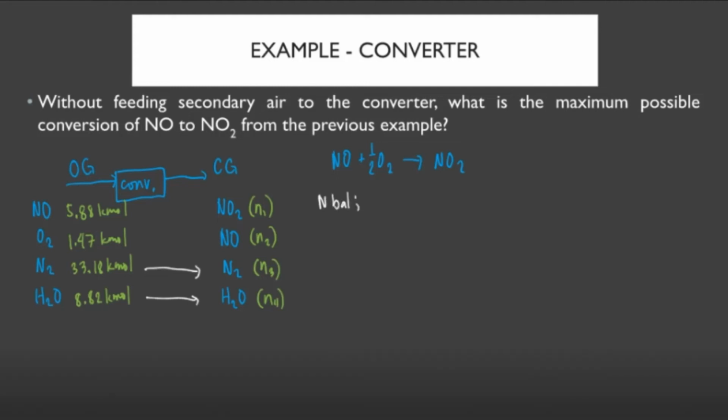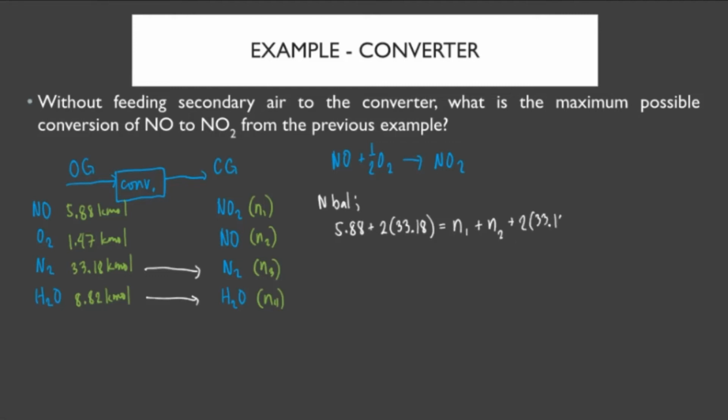For this balance, let's start with the feed, the oxidation gases. From nitrogen monoxide, we have 5.88 plus the nitrogen coming in, that is 2 times 33.18. This is equal to, from nitrogen dioxide, N1, from nitrogen monoxide in the product, that is N2, and then we also have N3, that is 2 times 33.18.